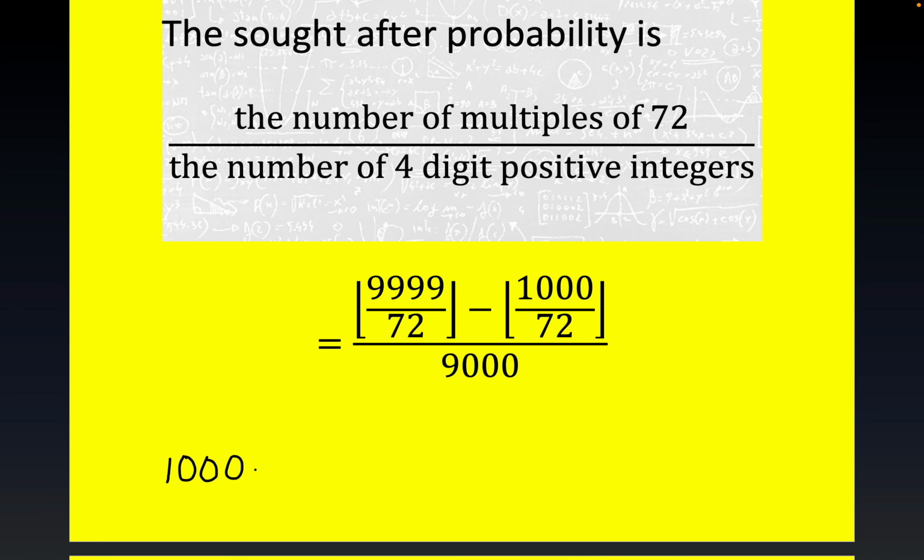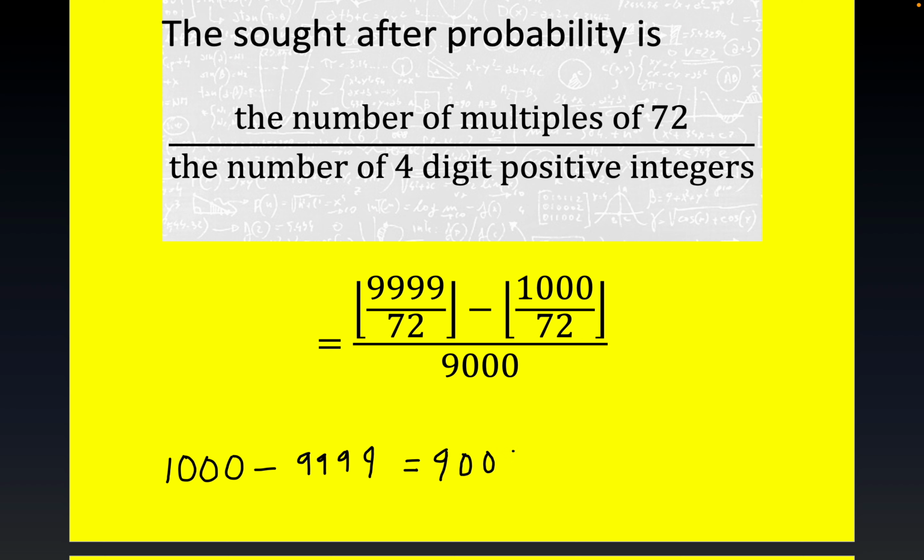So we're looking at all the numbers in the range 1,000 to 9,999. 9,999 is the largest 4-digit number. Well, there are 9,000 of these, excuse me.